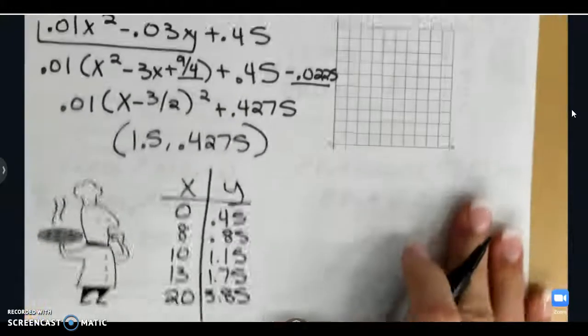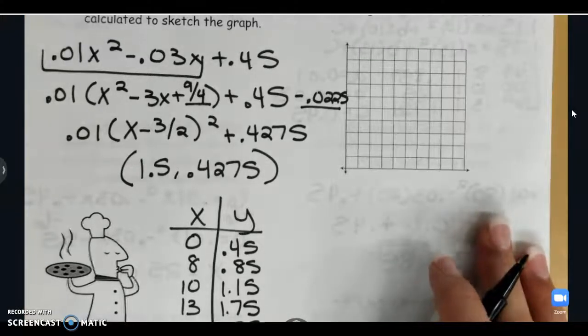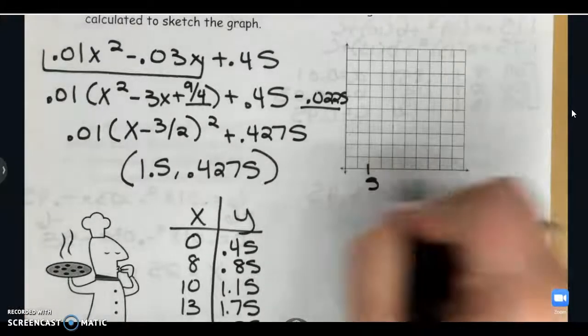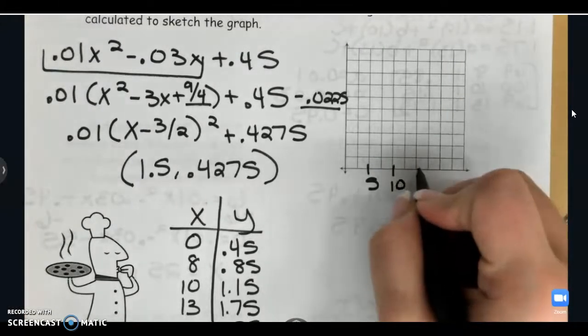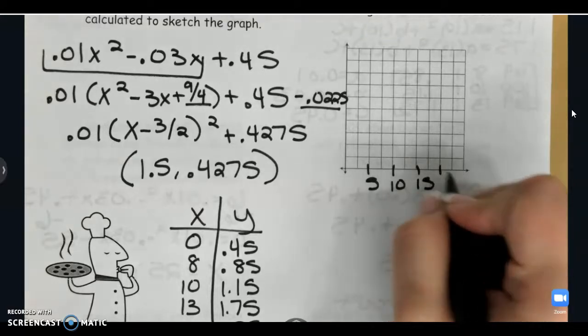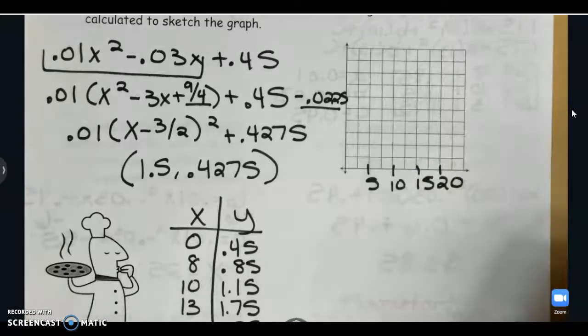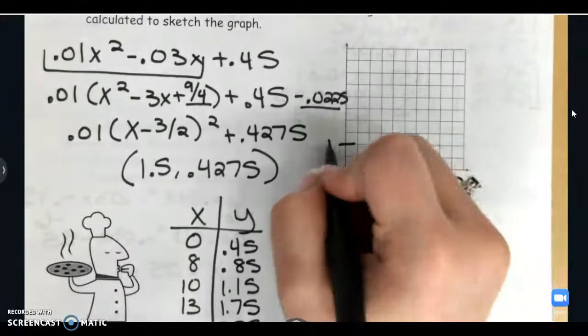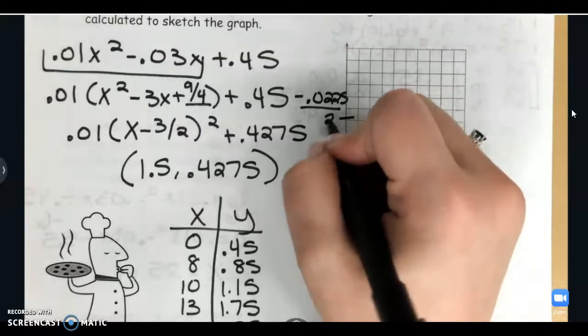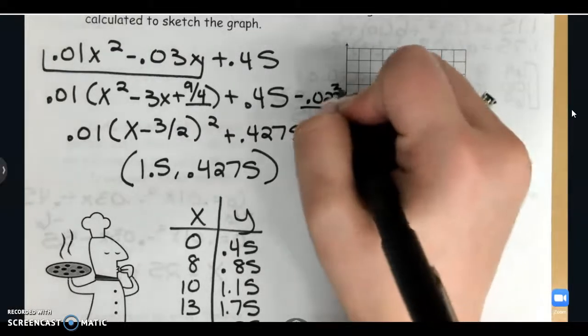So let's look at our graph now, and we're going to need to scale this a little bit. So I'm going to make our x intervals go up by 5, and my y intervals can be a little bit more spread out because I have smaller numbers.